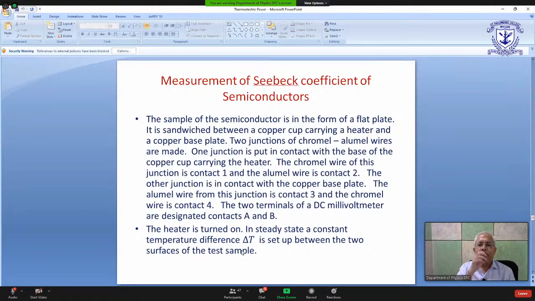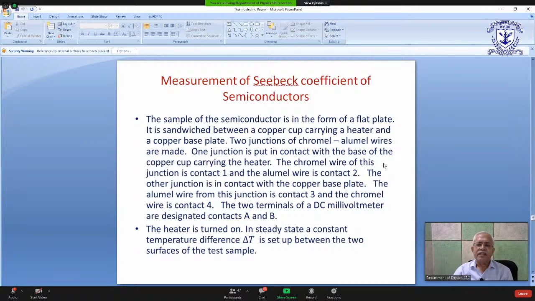Each of these chromel-alumel junctions will have two terminals, two wires sticking out. Just for discussion, for the junction connected to the hot end, the copper cup carrying the heater, the chromel wire end is called contact 1. The alumel wire is called contact 2.